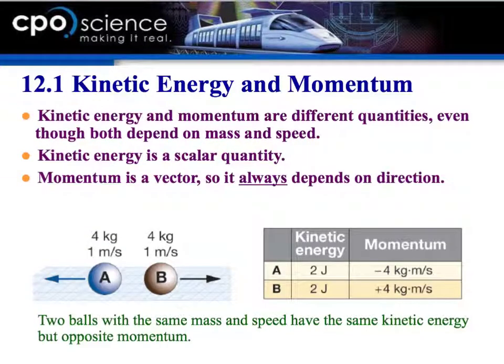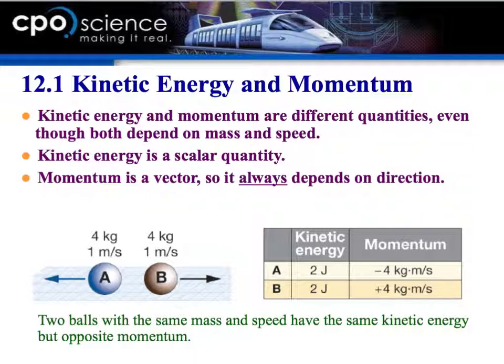Kinetic energy and momentum. In the next unit, we are going to learn all about kinetic energy. But it is important to know that kinetic energy and momentum are different quantities, even though they both depend on mass and speed. Kinetic energy is a scalar quantity, which, as we talked about earlier, means it does not depend on direction. Momentum is a vector, so it always depends on direction.